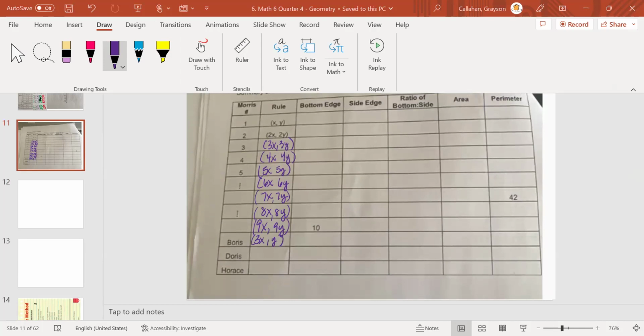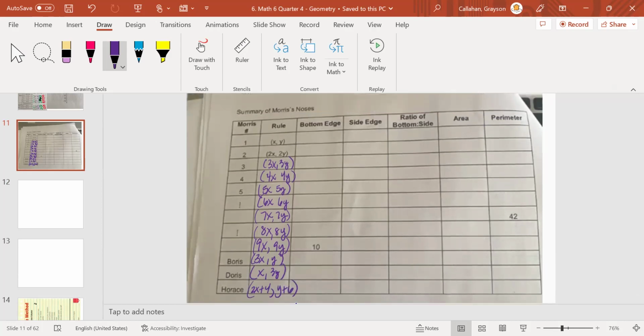Doris, x comma 3y. And if you look at Boris, do you see how there's 3 times x? So it's being stretched horizontally, like stretched left and right? Doris, if you look at the y, is 3 times. So that means the y is going to be stretched. And then Horace, I think, was 2x plus 4, and then y plus 6, right?